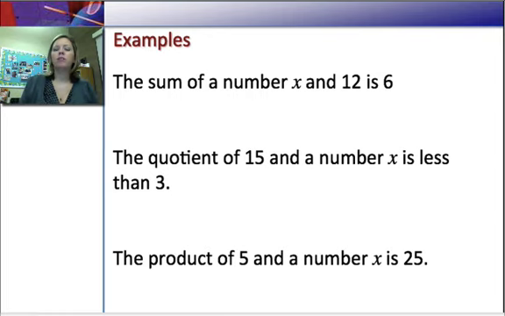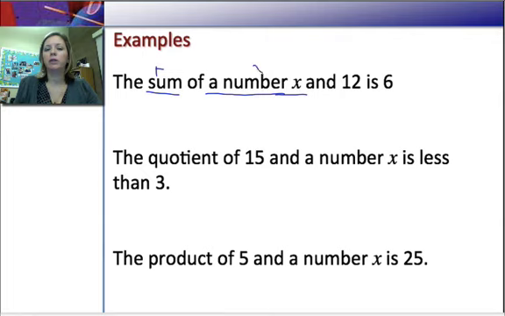The sum of a number and 12 is 6. So we've got quite a bit to underline here. We have sum, that tells me add. A number, I don't know what that is. Well, actually I do know what that is. It tells me that the number is x. So I'm going to add x to 12, and then it tells me is 6.